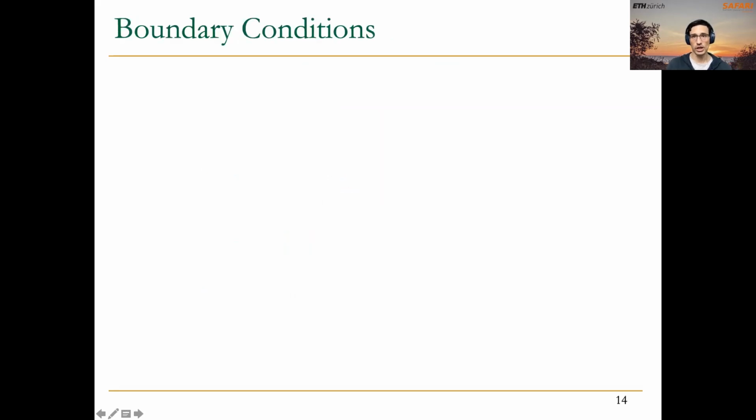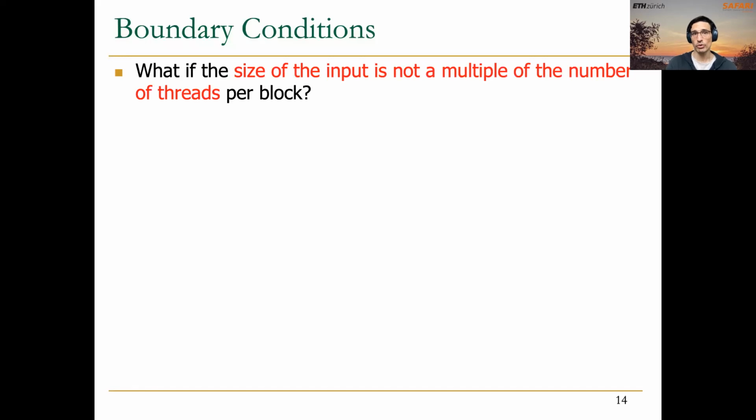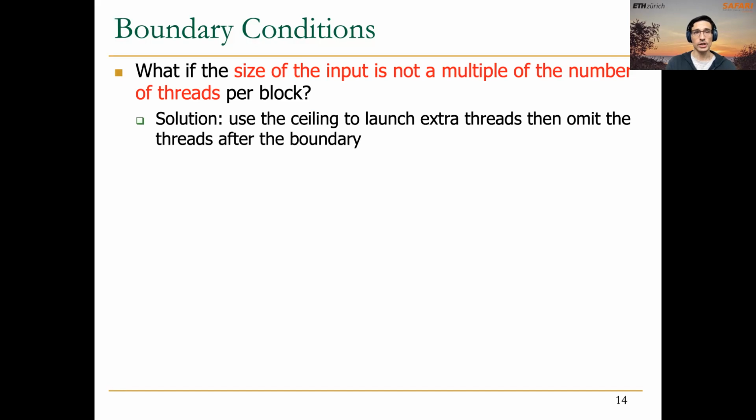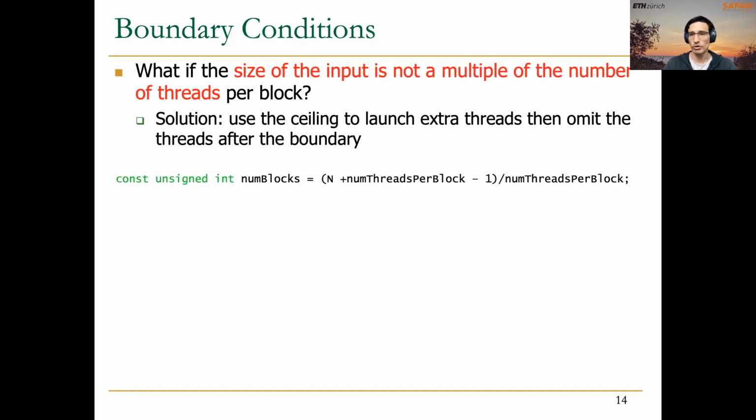One interesting thing to take into account is that the size of the input might not always be a multiple of the number of threads per block. In that case, we have to launch the ceiling of the number of blocks that we need for the computation. So we have to round up the number of thread blocks, which we can do with, for example, this expression that we have here.